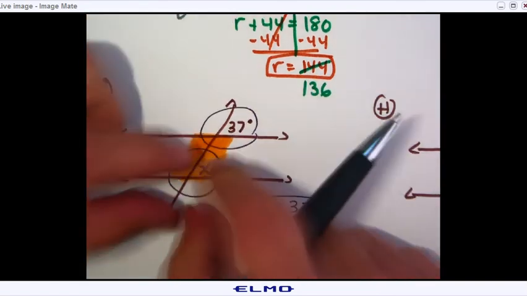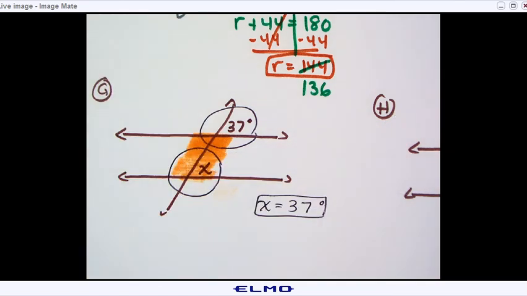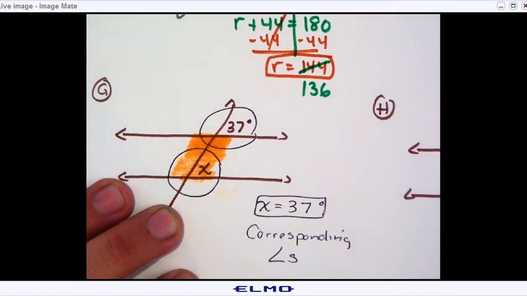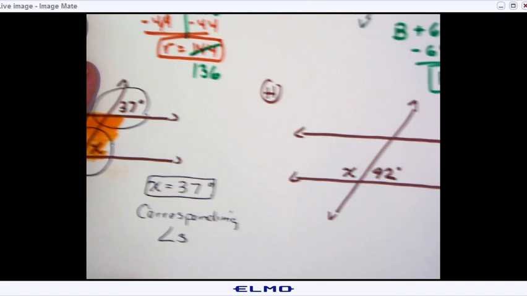If you take out the circle, it would fall on top of the X, because they're called corresponding angles. That was pretty easy.